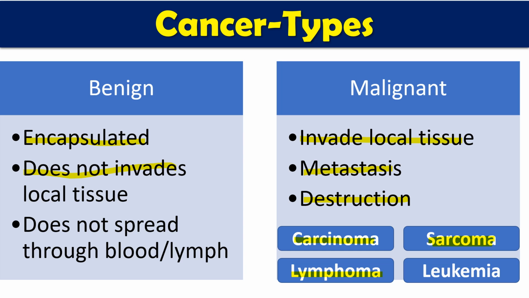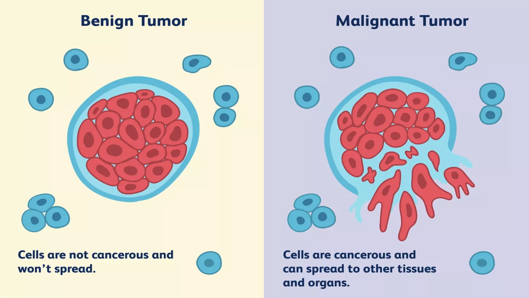If the origin is from blood cells or blood, we call it leukemia. So we use different terms in the case of cancers. Here you can see the picture of benign and malignant. In the case of benign, it will be encapsulated and restricted to one location.